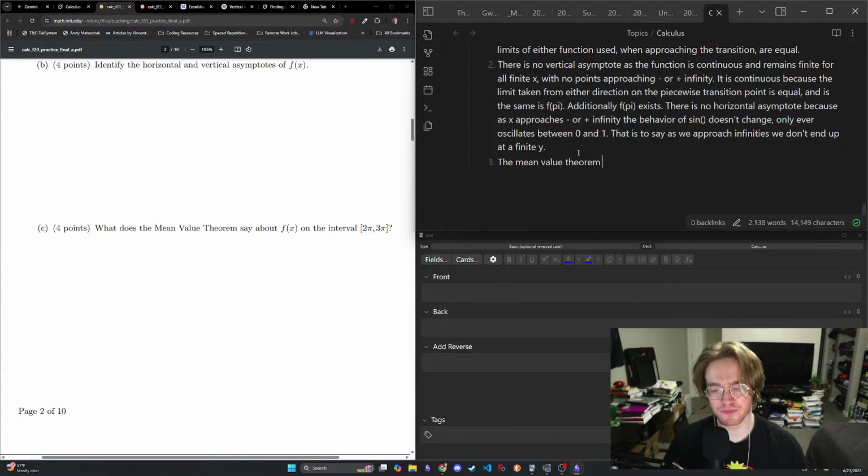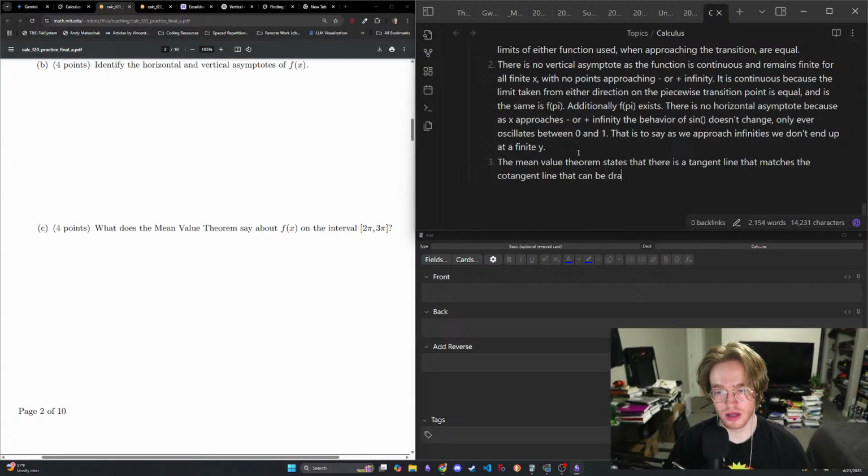It states that there is a tangent line that is parallel to the secant line that can be drawn through 2 pi and 3 pi.